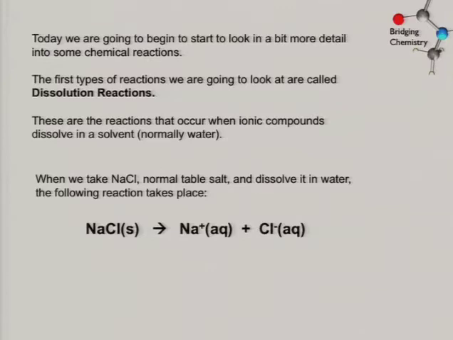And so we could write a little chemical equation like this. We write NaCl (s) goes to Na+ (aq). Remember, the aq means that you've got the ion dissolved in water, plus Cl- (aq).